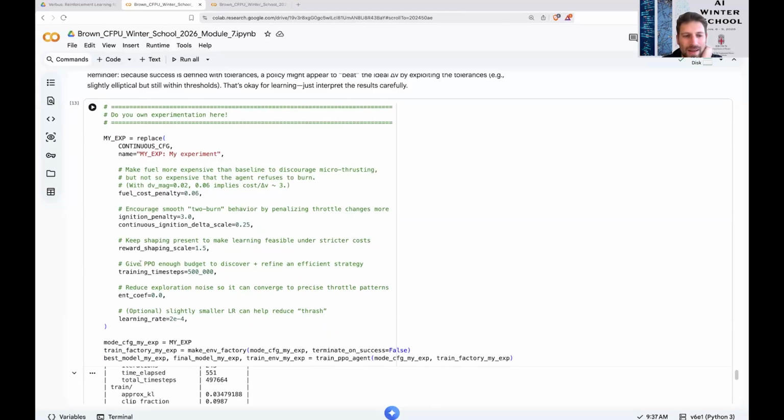So what I would suggest now is feel free to play around with these parameters, increase fuel cost or ignition penalties, or do more exploration. And we'll do one run here, and then see if you can beat the results.